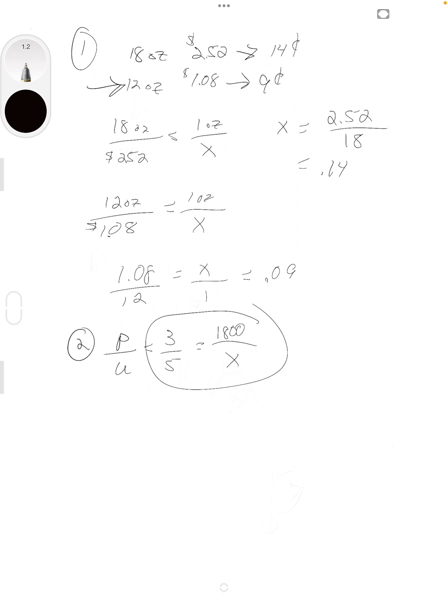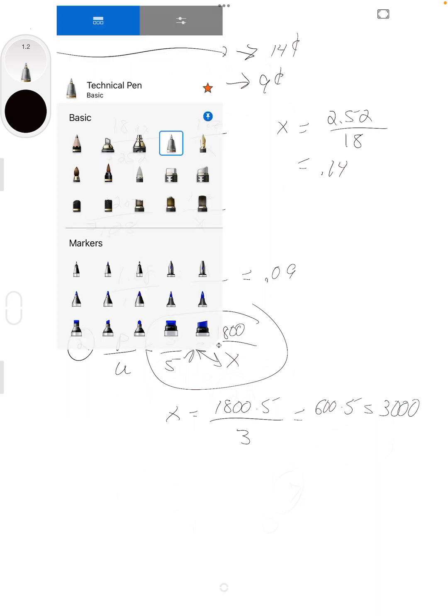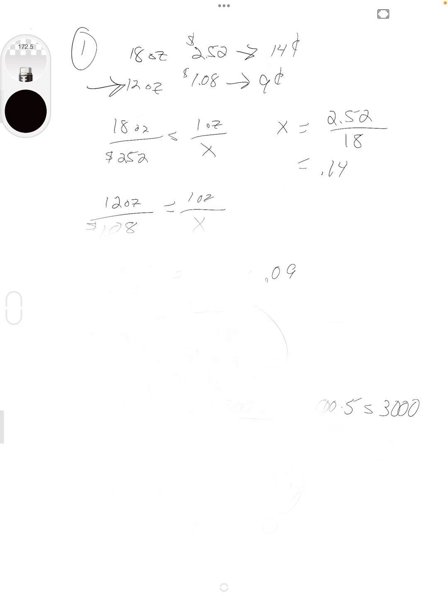So I'm going to move the X up this way. I'm going to swap them, and I'm going to move this one this way. So I get X equals 1,800 times 5 over 3, which is the same as 600 times 5, which is 3,000. So I have 3,000 unpainted faces. Answer.